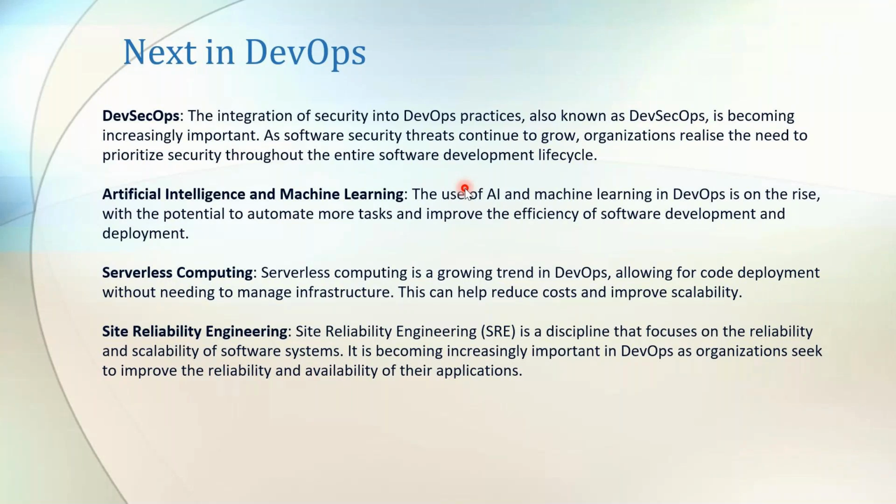So the openings are limited, but this is good to know. DevSecOps is nothing but integrating security concepts along with your DevOps practices. Sec is nothing but security, so development, security, and operations together, we call it DevSecOps.